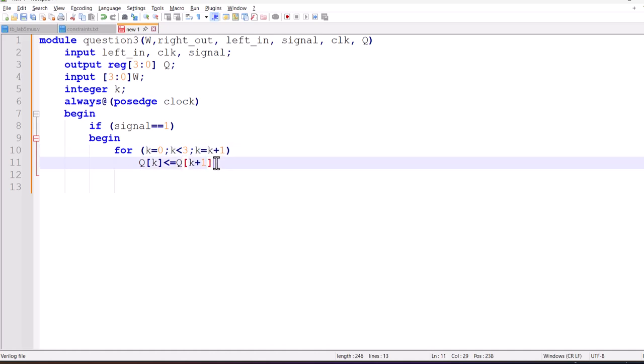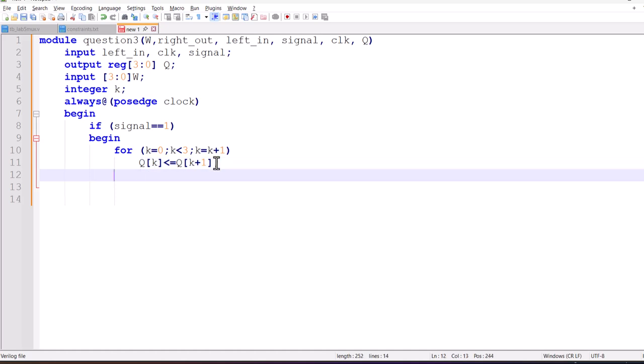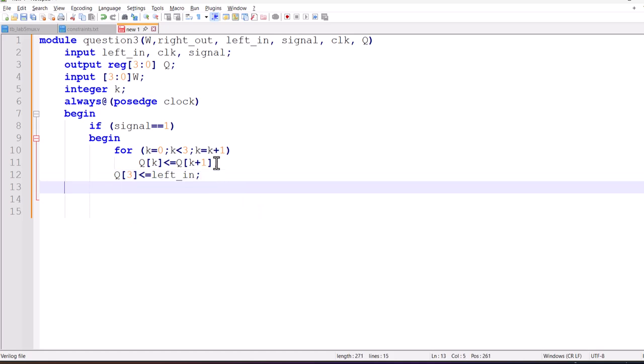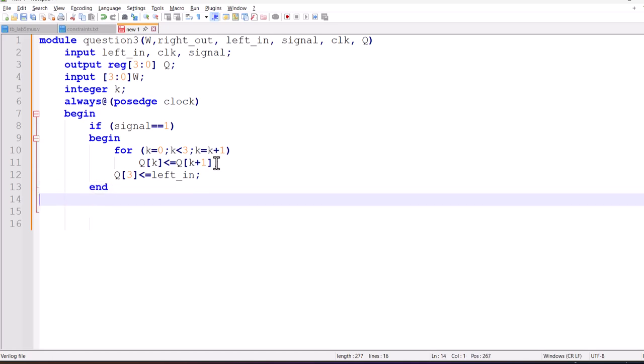And that's the only thing in my for loop, so I don't have a begin or an end for that. But then I also am going to say that Q of 3 becomes equal to left in. And that's the end of if signal equals 1.